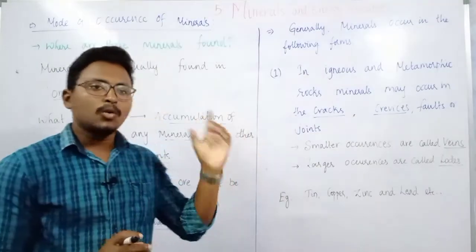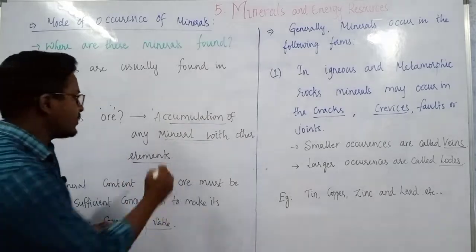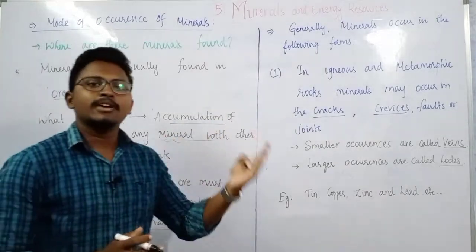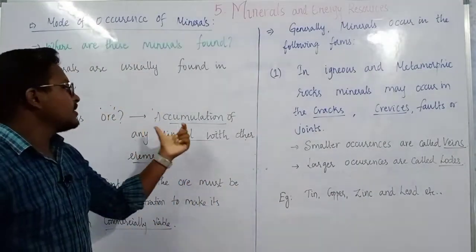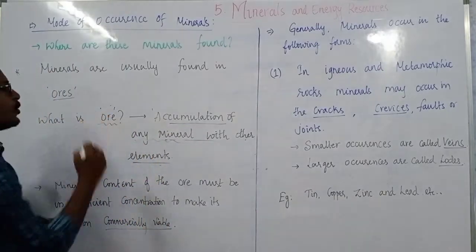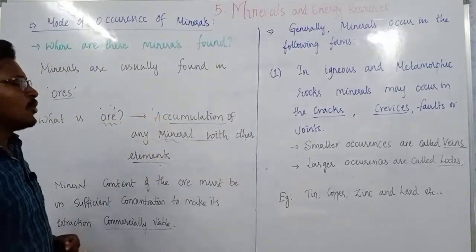What is ore? Ore is basically an accumulation or combination of any mineral along with other elements. It may be waste material or it may be other elements, whatever it may be, any mineral in combination with other elements, we call it ore. And usually all minerals occur in the form of ore.